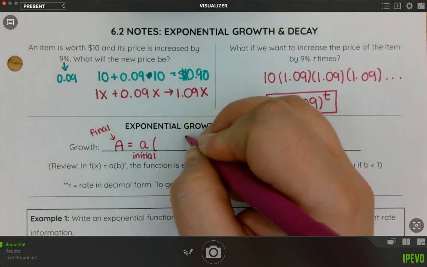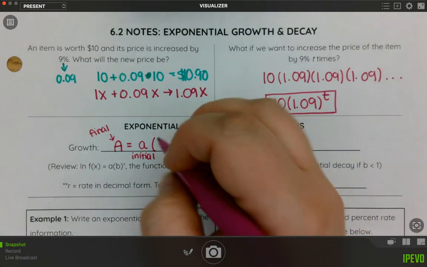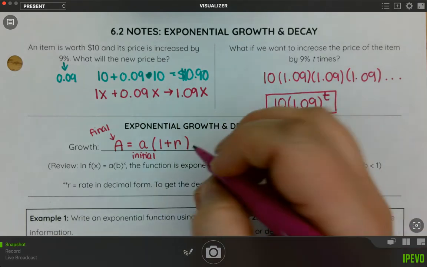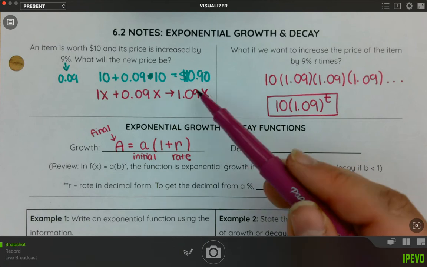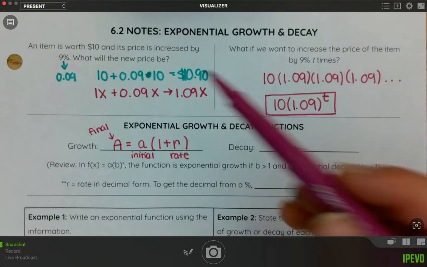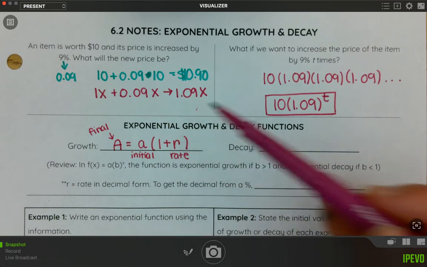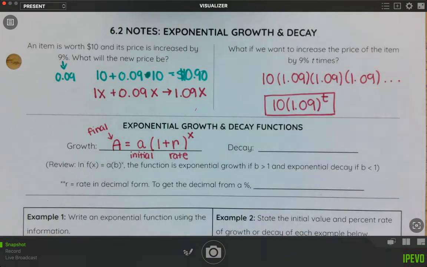And then inside the parentheses, I'm not just going to put B. This is the only part that's going to be different. We have to do 1 plus our rate. So for this one, 1 plus 9%, 109%, that's what went in the parentheses. So there's actually a formula to figure that out. And then I'm just going to leave my exponent as x.